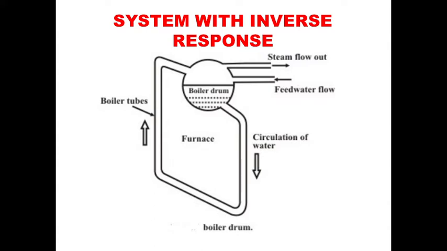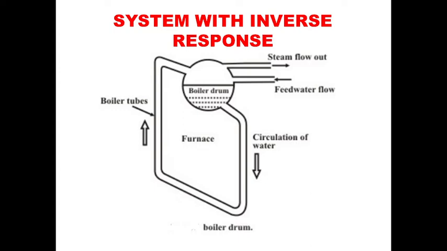Water from the drum circulates through the boiler tubes, gets heated and is converted to steam. This steam again comes back to the drum and subsequently is taken out through the steam flow line to the turbine. So the drum is filled partially with water and partially with steam, both at high pressure.